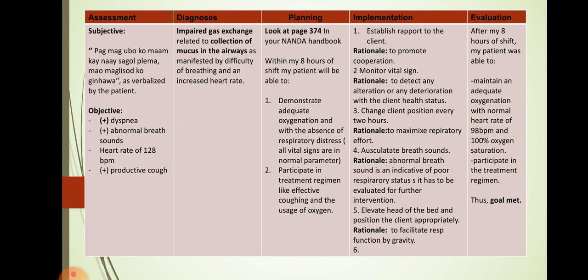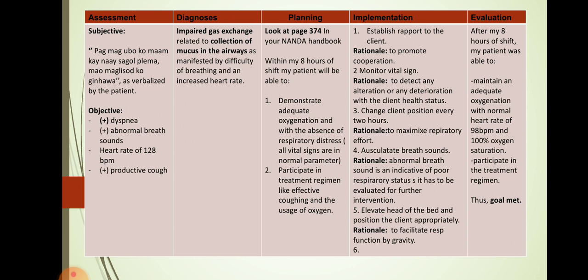So for you to follow, please go to page 374, and you can see the impaired gas exchange related to the collection of mucus in the airways, right? Because there is a productive cough, meaning there is phlegm inside. As manifested by, look at the objective data, difficulty of breathing and an increased heart rate.